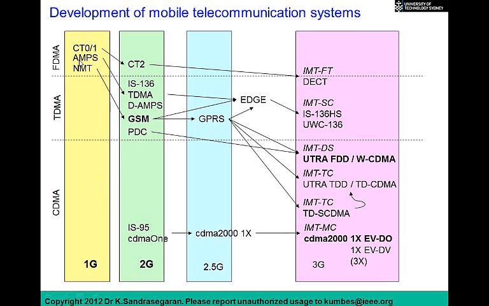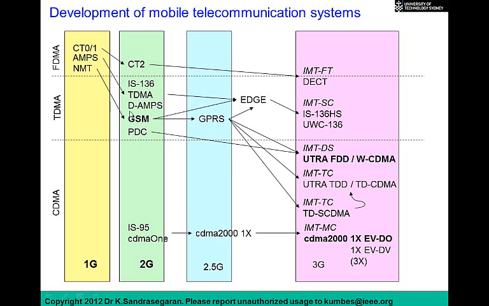The one that was rolled out in Australia was the AMPS system, and this was around the 80s, and eventually the first generation mobile systems were replaced by the second generation mobile system around in the 90s, and the most popular second generation mobile system was the GSM system. There were other systems in other parts of the world, CDMA based networks as well.